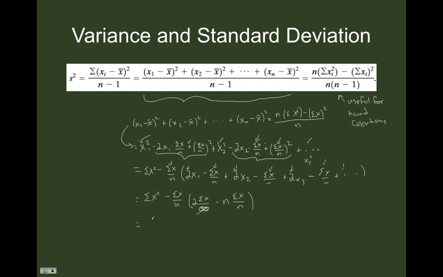I'll rewrite this line. So we would have the sum of the x squareds minus the sum of the x's over n times 2 sum of x's minus n sum of the x's over n, close parentheses. Now the n's here cancel.